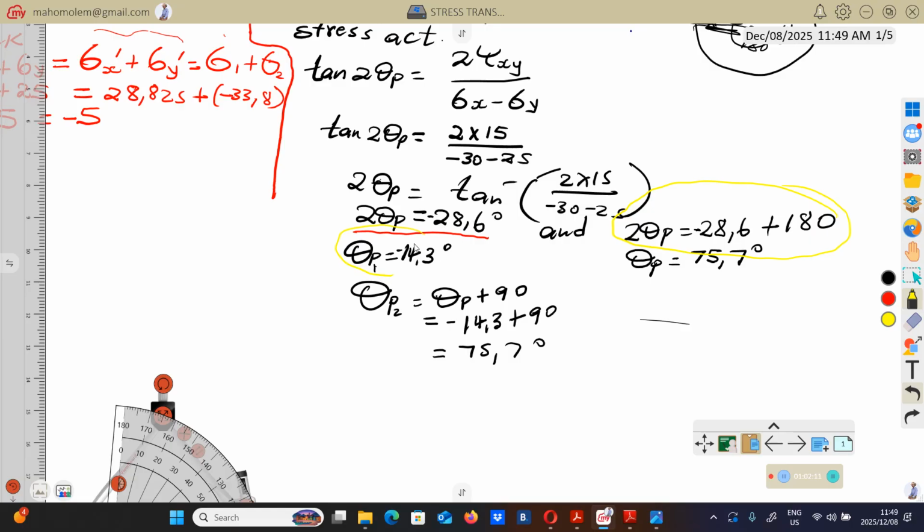Remember, 28 is not theta p. 28 equals 2 theta p. You can find theta p, and after finding theta p to get the other plane angle, you just say 90 plus that plane angle. But just be careful of the sign. If the angle is negative, then you must also put negative. And it will be negative 14.3 plus 90.